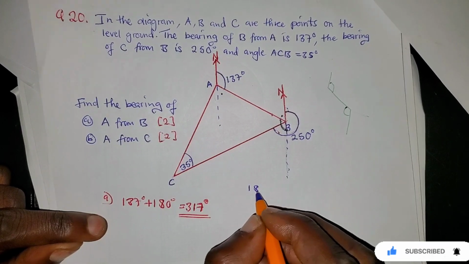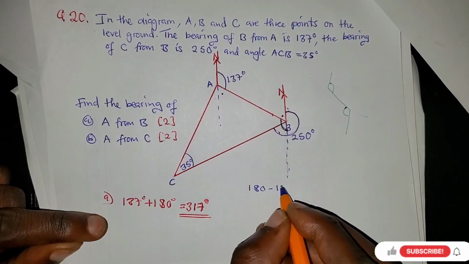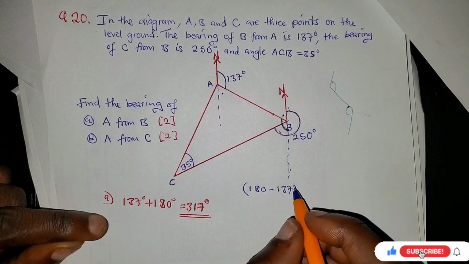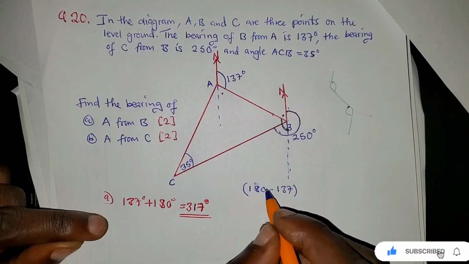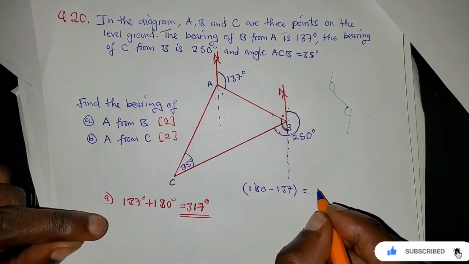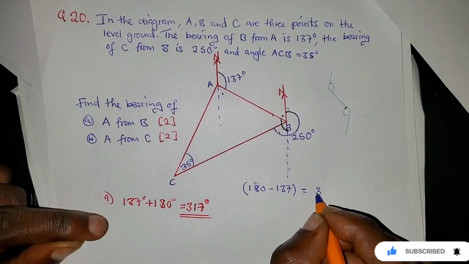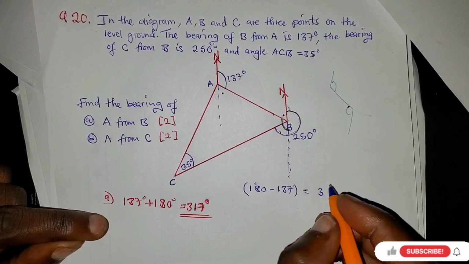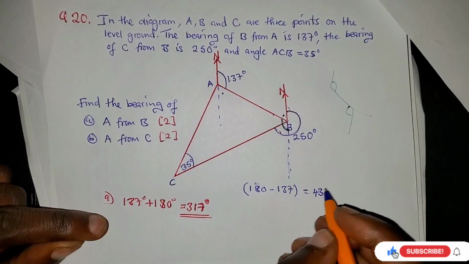So we can just say 180 minus 137. 10 minus 7 is simply 3, then 7 minus 3 is 4, 1 minus 1 is 0.